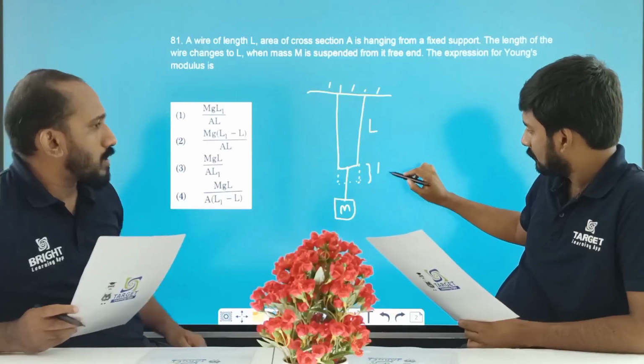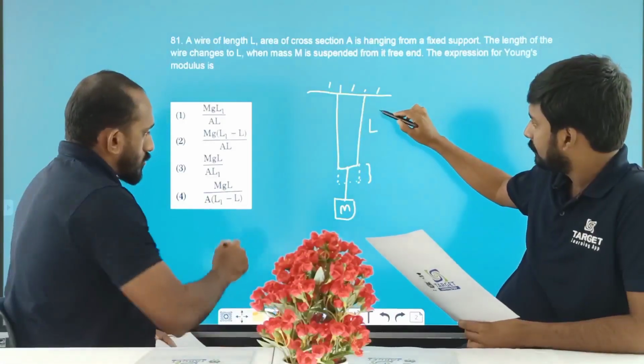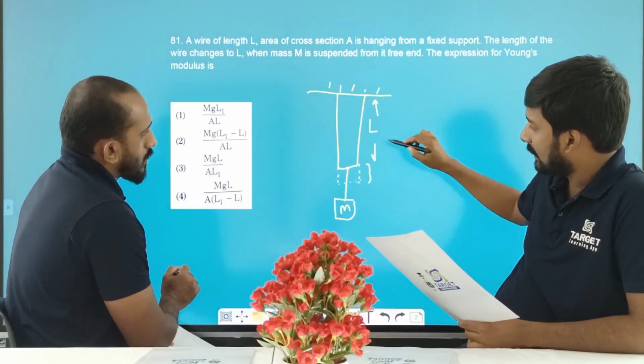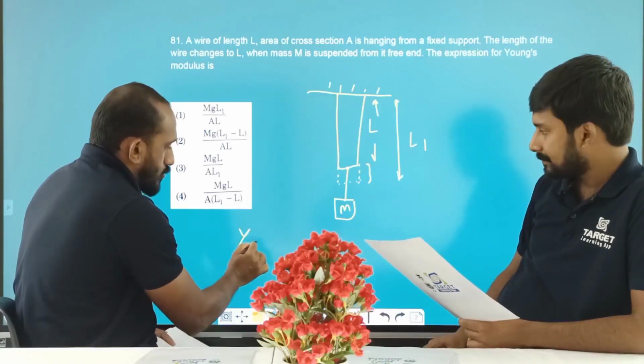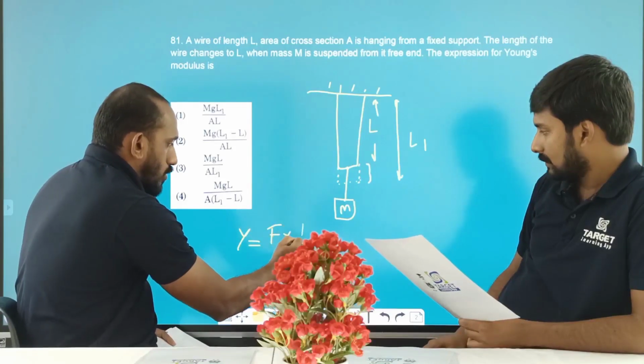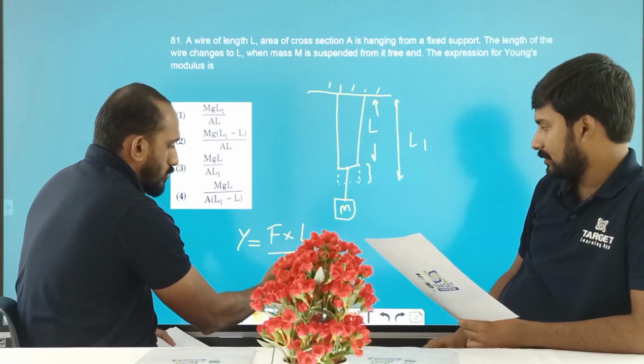You know the basic equation for Young's modulus: Y is equal to F into original length L divided by A into change in length.